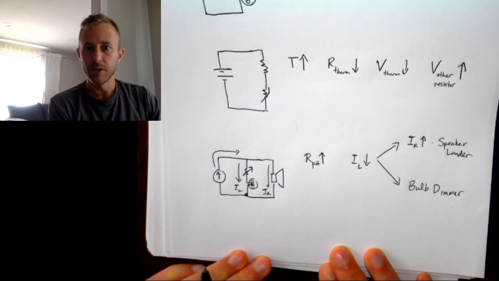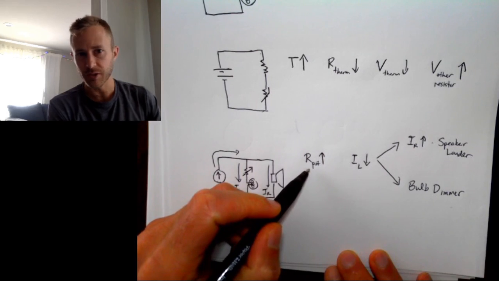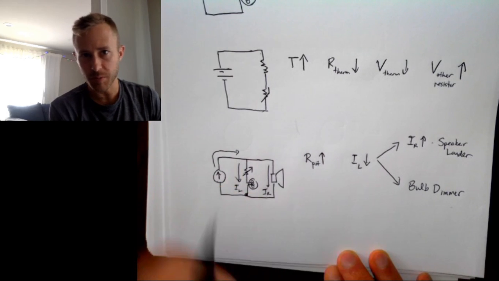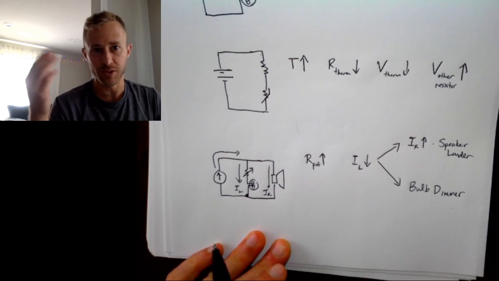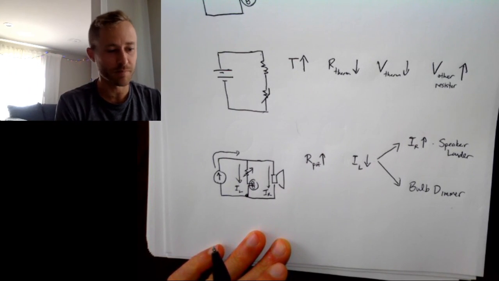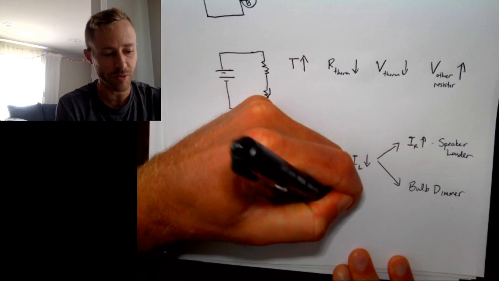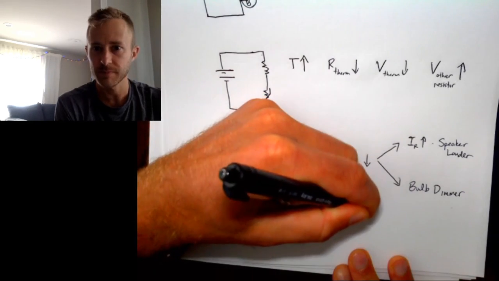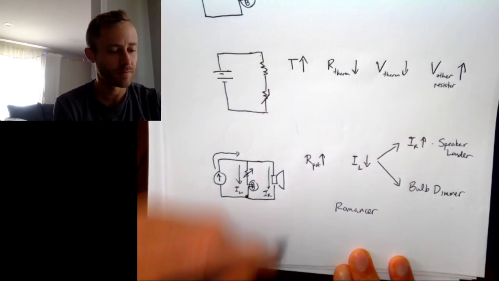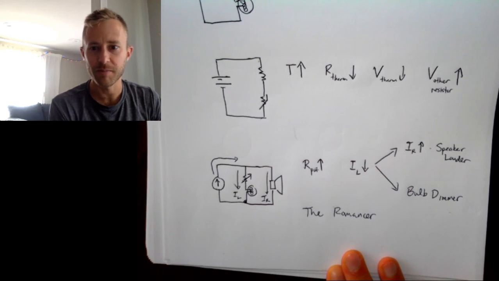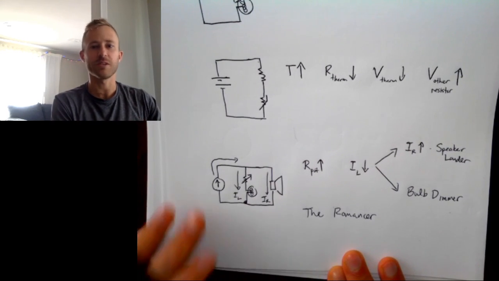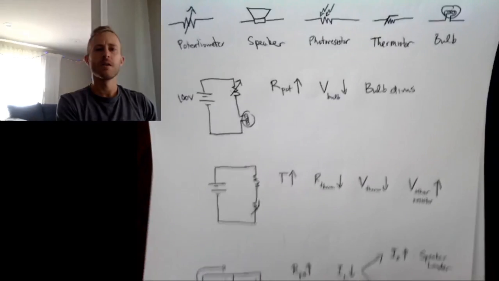So you can see that when you turn up the resistance of the potentiometer, the speaker gets louder and the bulb gets dimmer. So the music comes up and the lights go down. I call this circuit the Romancer. It's hardwired. You just turn up the knob and those two things happen.